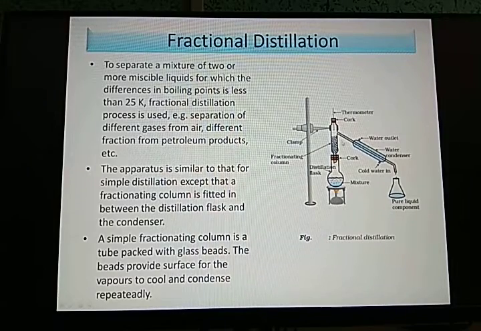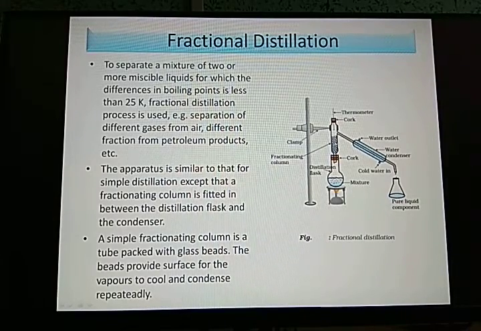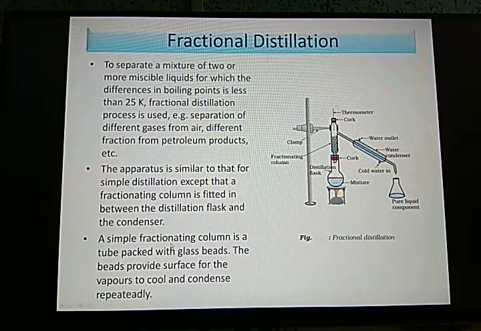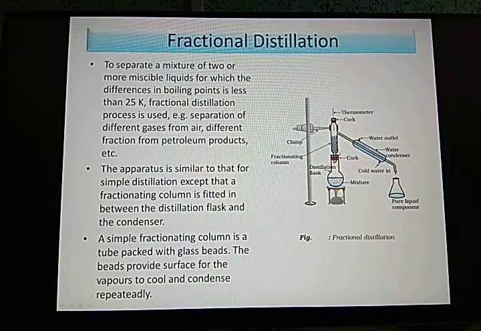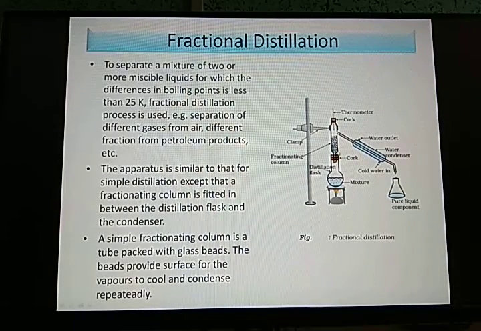Now why is this fractionating column used? Because, as I said, the boiling point difference is less than 25 Kelvin. If this fractionating column filled with glass beads is not used, and we directly vaporize the mixture, then what will happen?